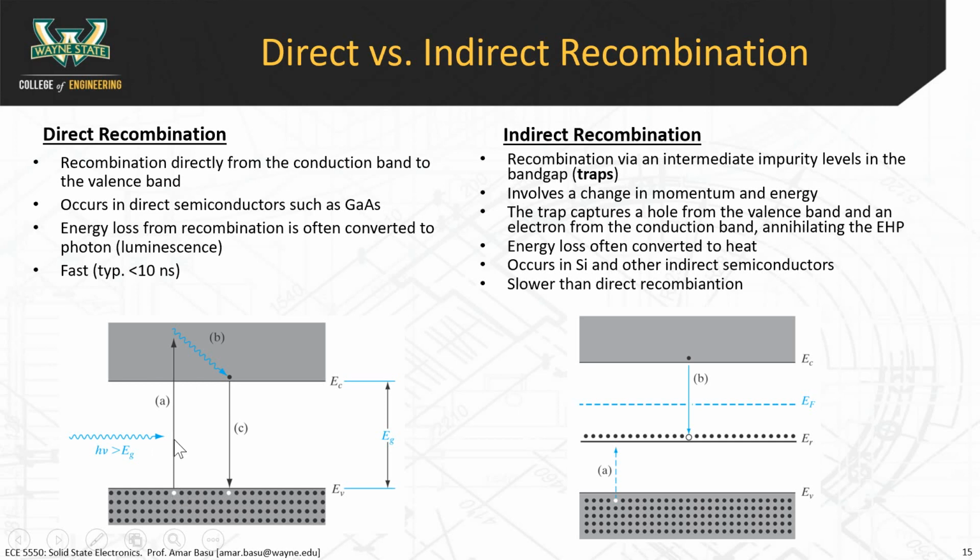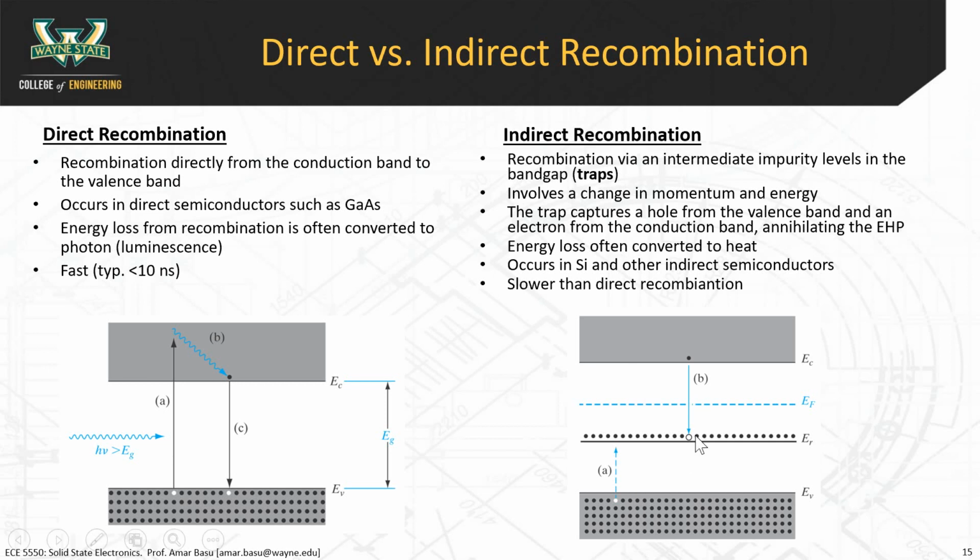So you get the absorptions, maybe some loss due to scattering events, but the recombination event happens here, and it's just shown as a direct transition here. So this occurs in direct band gap semiconductors like gallium arsenide. The energy loss from recombination is often converted into a photon, and it's typically fast because there's only one energy transition. Indirect recombination is through an intermediate energy state.